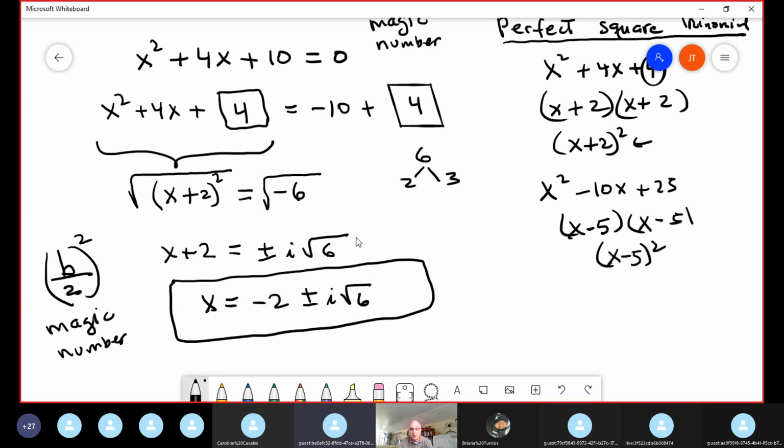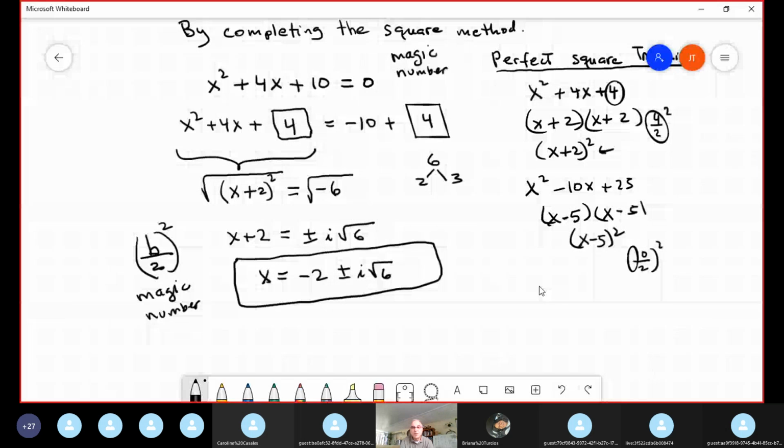For example, in this example it is 4. 4 divided by 2 is 2, and 2 squared is 4. Okay, magic. In this case, it is 10 divided by 2, which is 5, and 5 squared is 25. This is the formula: you take b divided by 2 and square it.